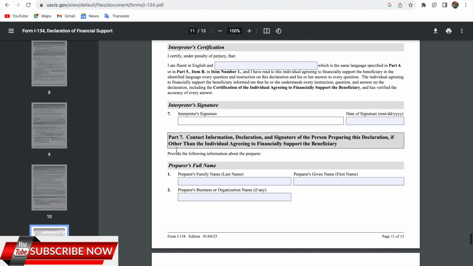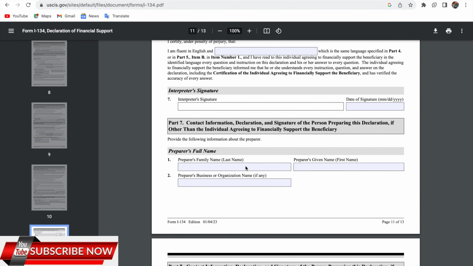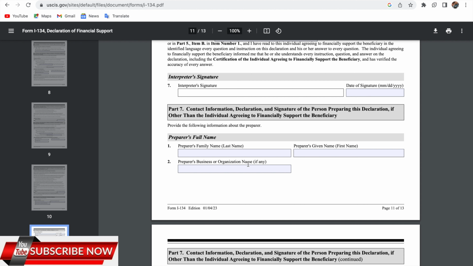So Part 7, if someone prepared this form for you, fill up this part. If the beneficiary or the one sponsoring didn't fill up this form but went to a third party, maybe an immigration lawyer or somebody, or an interpreter, then the person needs to put in their information as the preparer.